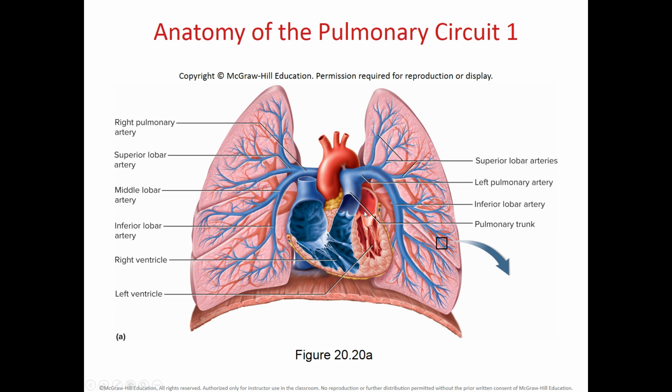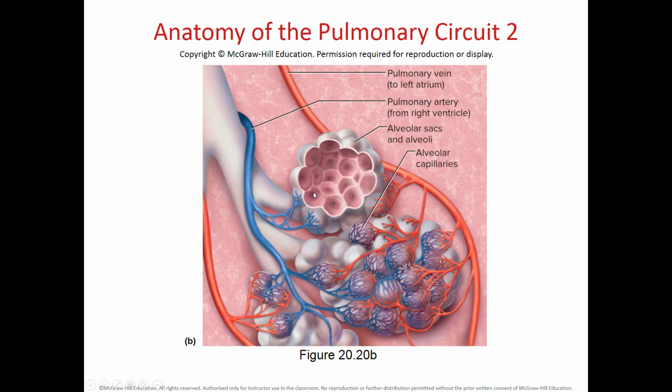Once the left atrium receives oxygenated blood, the blood can be pumped into the left ventricle, and then the left ventricle can pump the blood into the systemic circuit using the aorta.